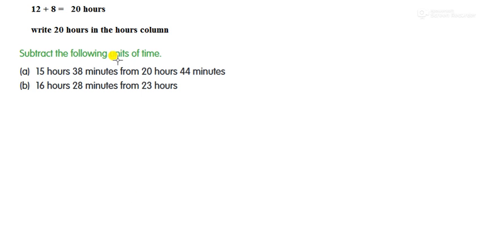Now subtract the following units of time: 15 hours 38 minutes from 20 hours 44 minutes.